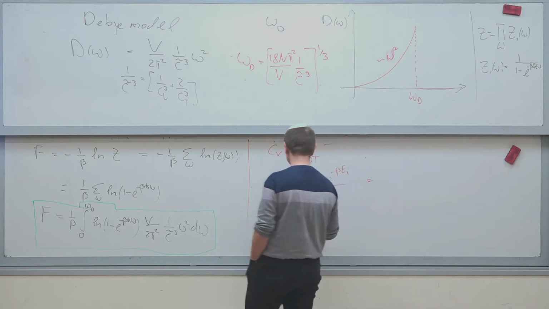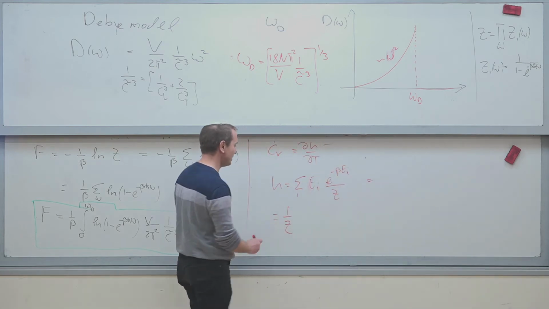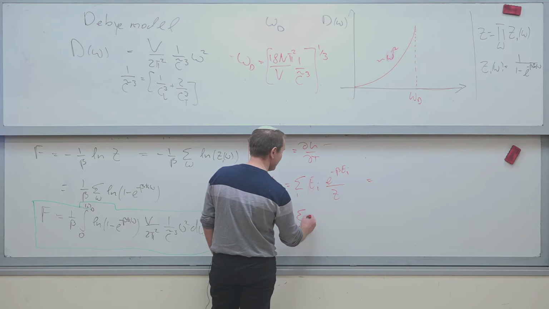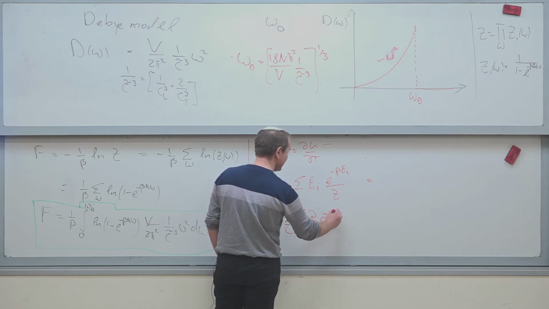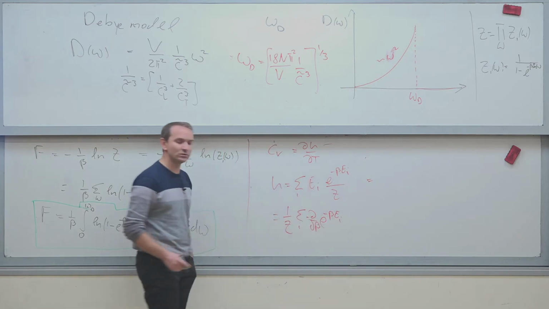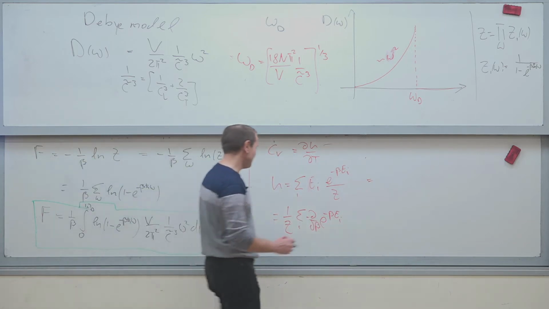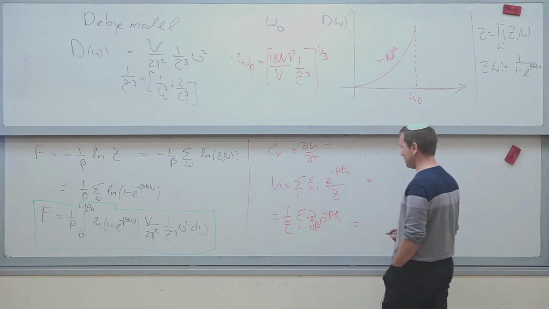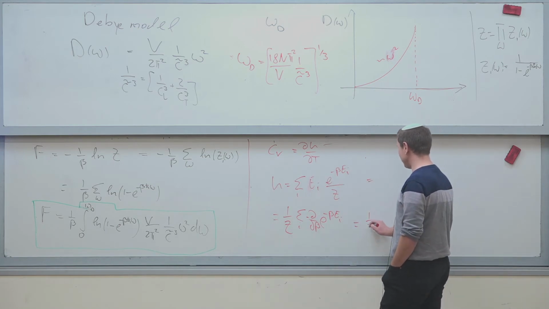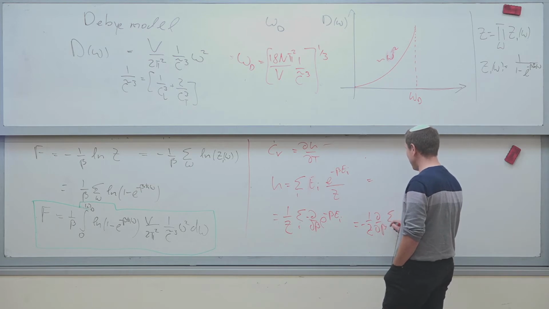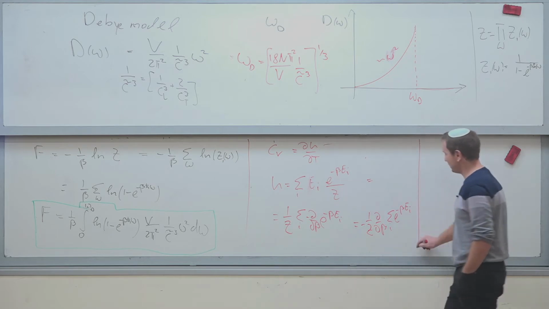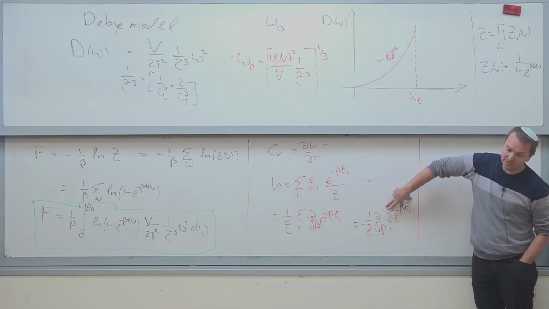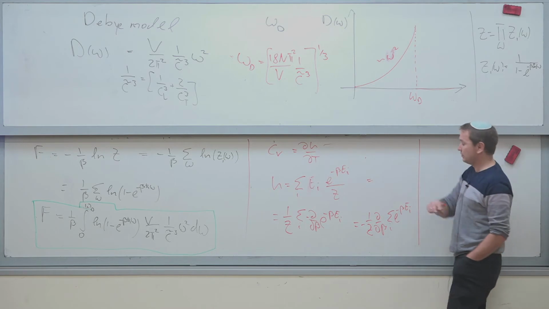We took 1 over Z out, and said that this is a sum of minus d/d beta of e to the minus beta E_i. This is called the Feynman trick, which simply equals 1 over Z times minus d/d beta of a sum over i of e to the minus beta E_i, and the sum here is simply the partition function.